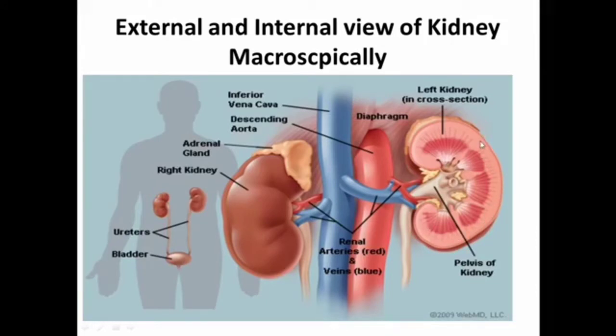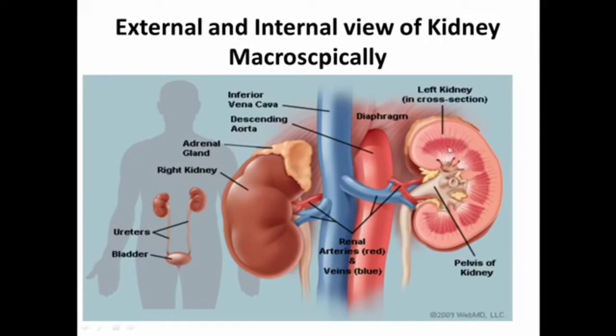Why is it granular? Because of the portions of the nephrons that are present in this cortex. These have their shapes like spheres or a globular form, for example, the renal corpuscles and the convoluted parts of the proximal and distal tubules. So that is why it appears as a granular zone.